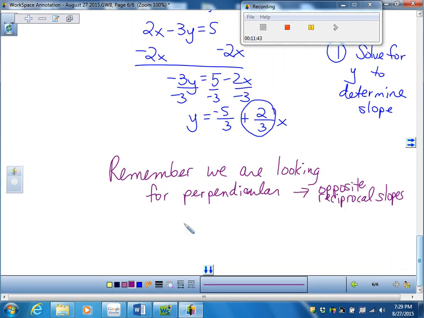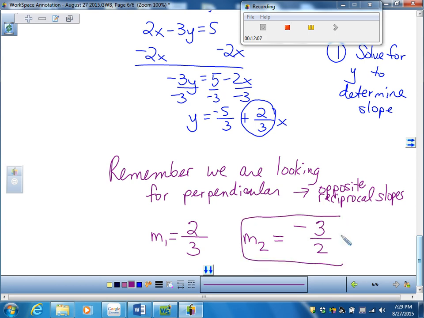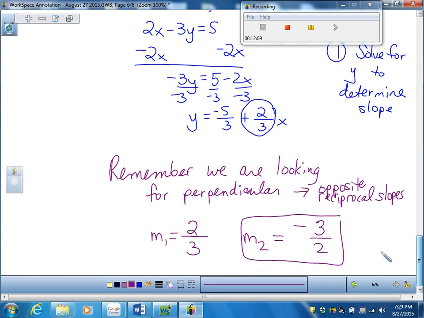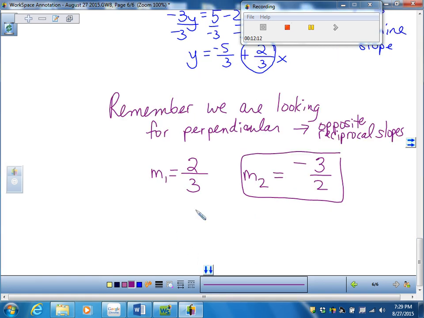So if my slope is 2/3, then the one that's going to be perpendicular to it, if m1 is 2/3, then m2 needs to be the opposite, so it's going to be negative because ours was positive, and then the reciprocal, so we flip it. So negative 3/2 is going to be the slope that I'm going to use in my formula.